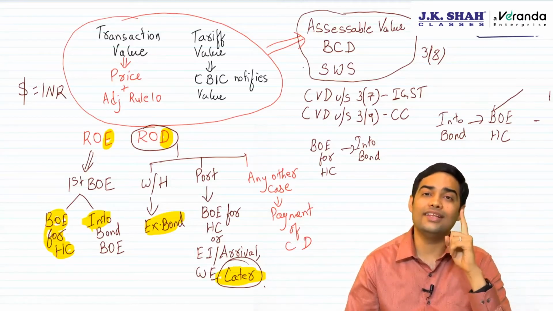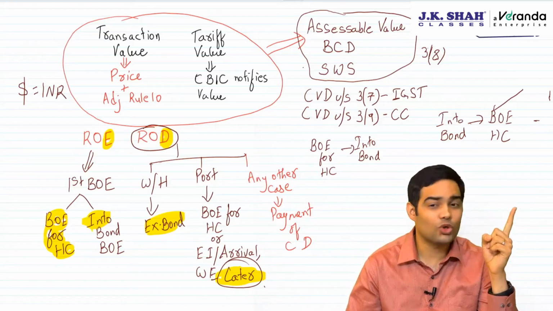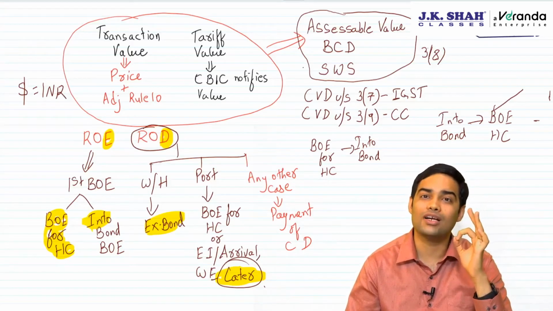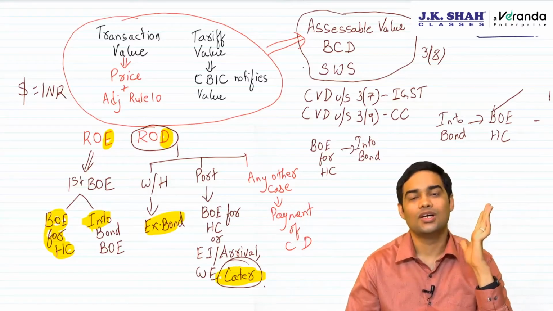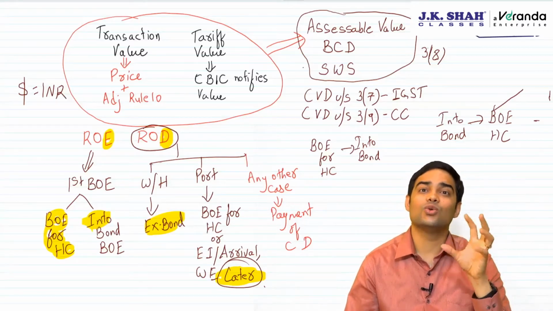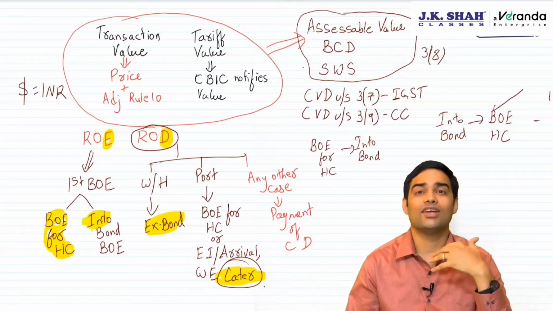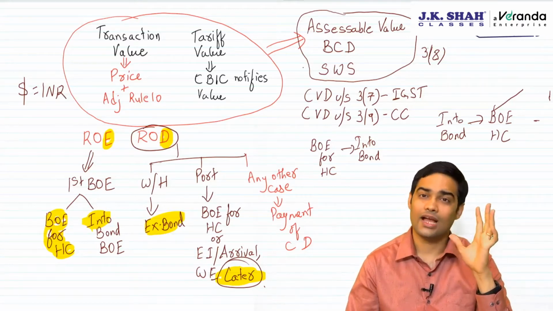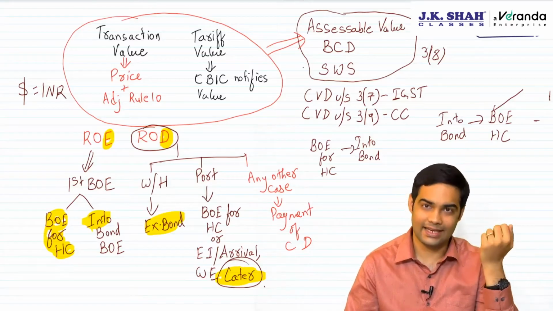So all the costs from the exporter's premise till the Indian port will form part of value. There are various rules given to this. There are various transactions which can take place. Let's have a look at what transactions can take place.